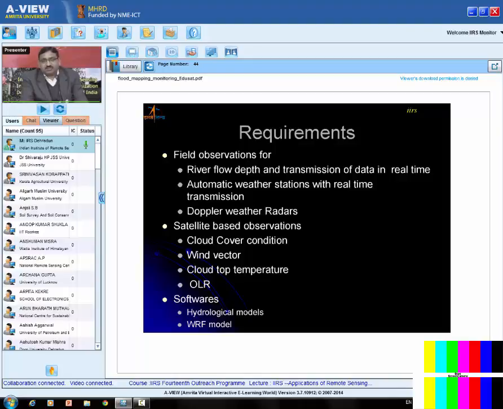This can be achieved by relay transmission, either through a SIM card or through satellite, like automatic weather stations with real-time transmission. Nowadays, every half an hour ISRO has a set of automatic weather stations where data is updated, and we are receiving the data. If you don't have that, then by SIM also it is possible. At IRS, we have two centers.